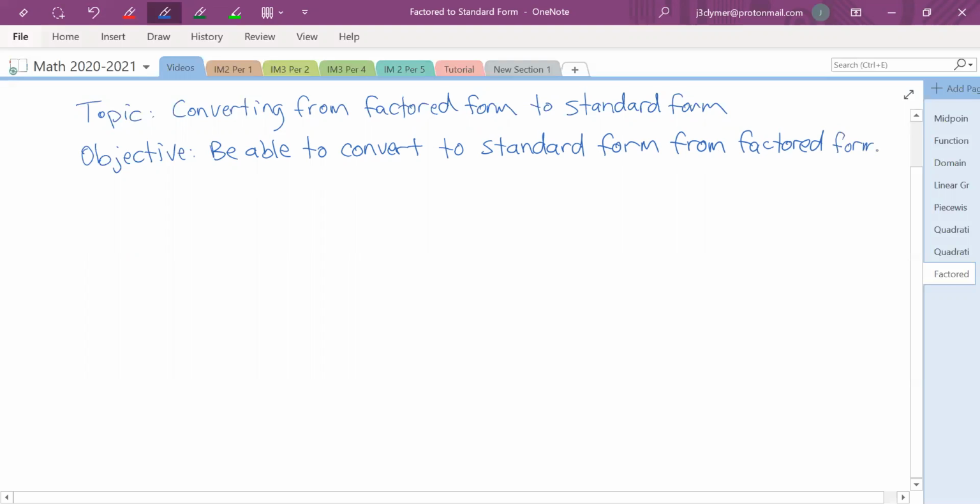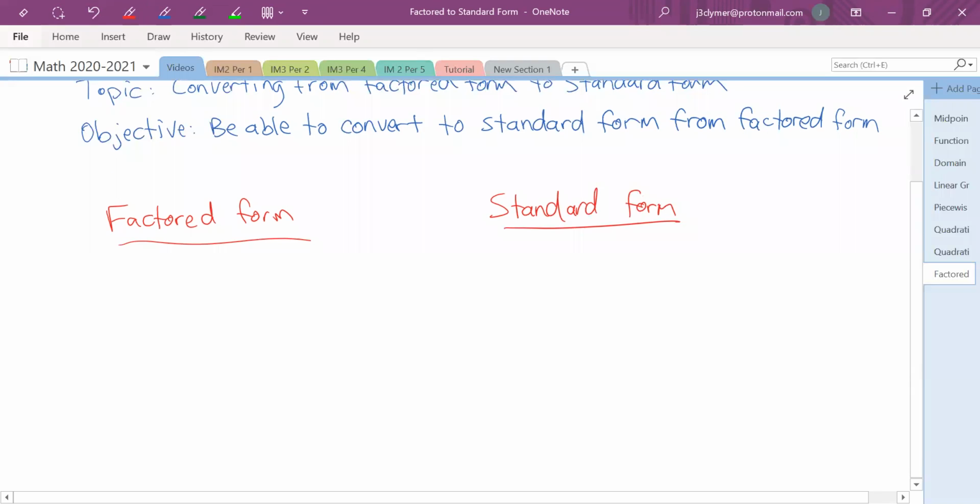Okay, so this is going to be pretty straightforward. So let's just look at factored form. And let's look at standard form. Okay, and we'll look at each one and then we'll just talk about how to get from one to the other. So in factored form, we have y equals some a times x minus some zero, times x minus another zero.